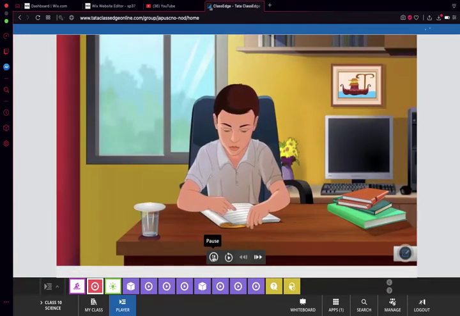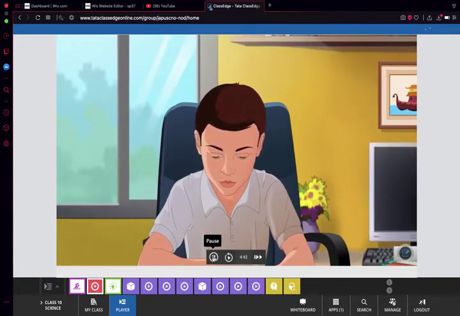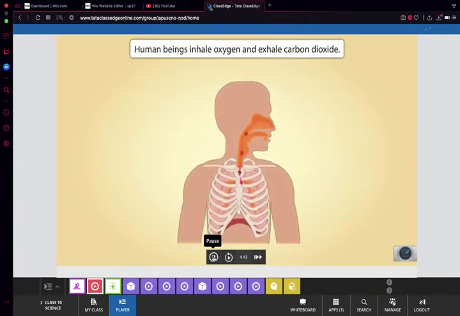We've learnt that all living organisms need oxygen for aerobic respiration. Human beings inhale oxygen and exhale carbon dioxide.